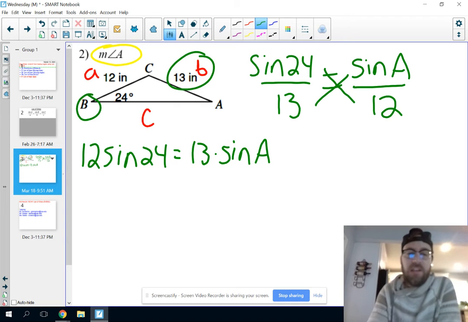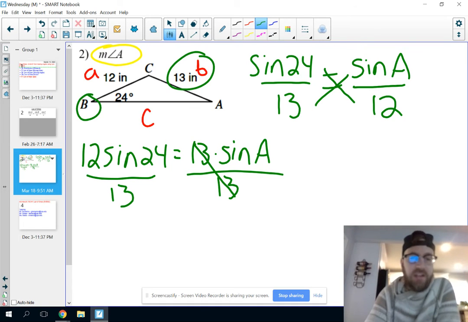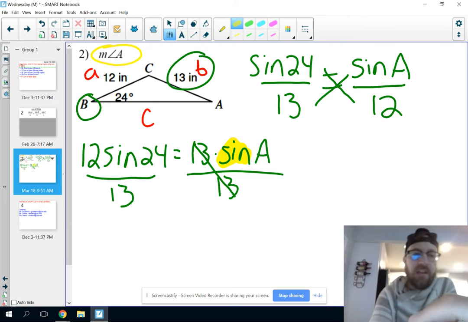Next step, the same. We're going to divide, starting to get A alone. We're going to divide just by the 13 today, not by 13 sine. That cancels out, so we've got sine of A equals 12 times sine of 24 over 13. We still need to get rid of this sine. Remember how we canceled out sine in our equations with SOHCAHTOA: we did the inverse of that. So we're going to take the inverse sine of each side.